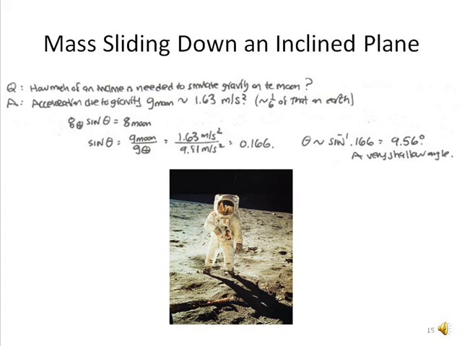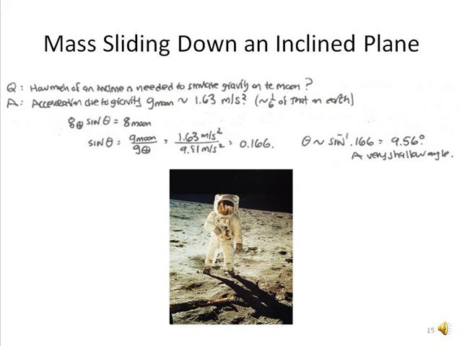So, how much of an incline would be necessary to simulate gravity on the moon? Well, gravity on the moon is approximately 1/6 that on the Earth's surface. It's equal to about 1.63 meters per second squared. Because the acceleration is equal to g sine theta, we could set up an equation: g on the Earth times sine theta equals a.